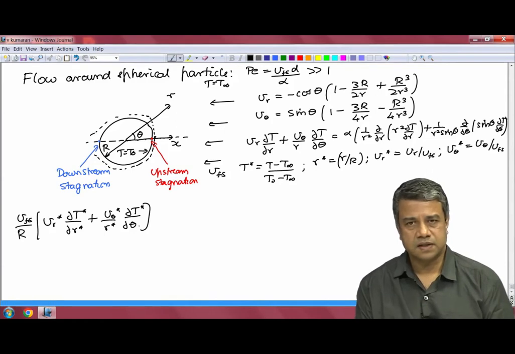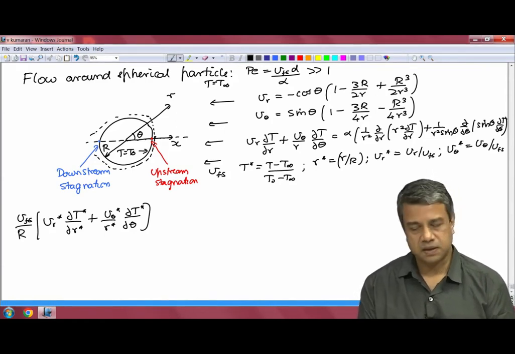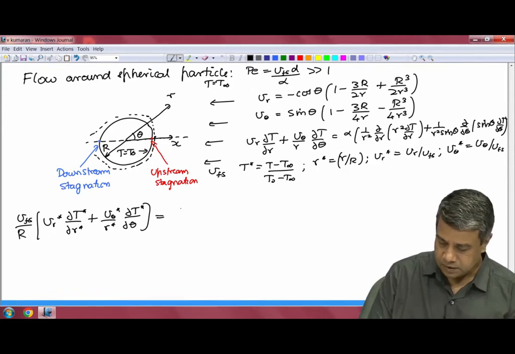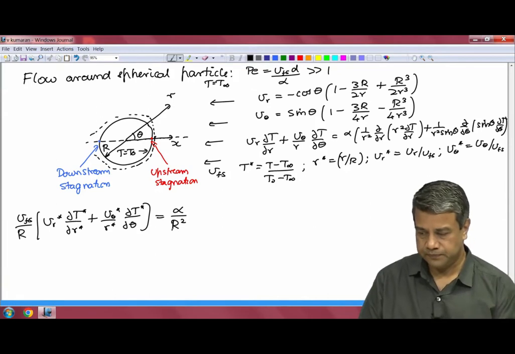Note that we do not have to scale theta because it is an angle. It is already dimensionless. On the right side I will have alpha by R square.